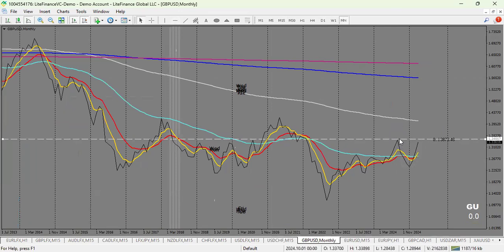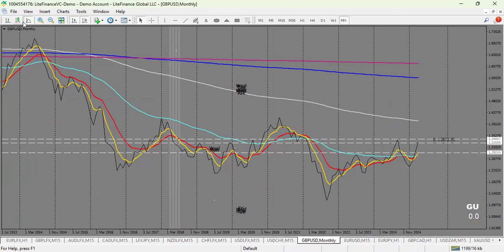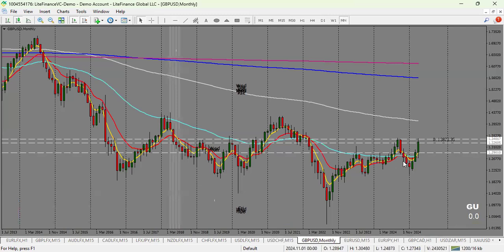Okay, so we're looking at the support and resistance points that are close to the current market price. Okay, so let me put all the candlesticks again. So we have this zone here. This is all a zone where price is at right now.